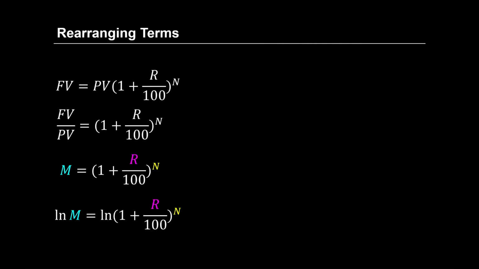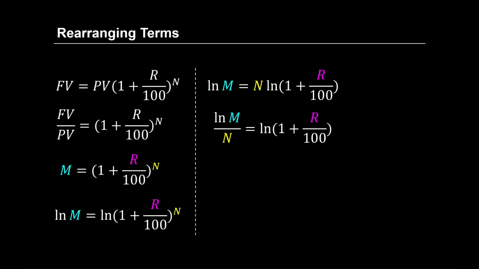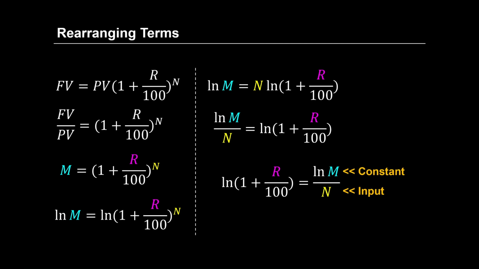Taking the natural log of both sides, moving N from the exponent to the multiplication, dividing both sides by N, and switching the sides of the equation, you will be able to observe that log of 1 plus R divided by 100 is just some constant divided by N, which is the input of our rule for the N.